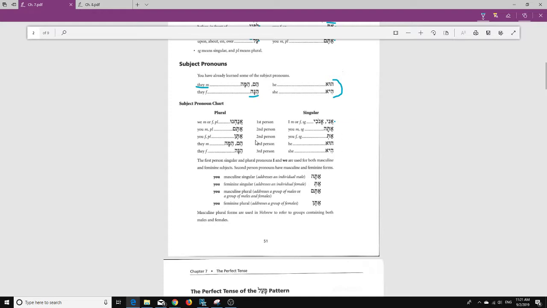So I'm sure you guys have your own mnemonic devices, and I encourage you to develop those to help you remember all of these words. But every once in a while I'll share with you some of my mnemonic devices as well.